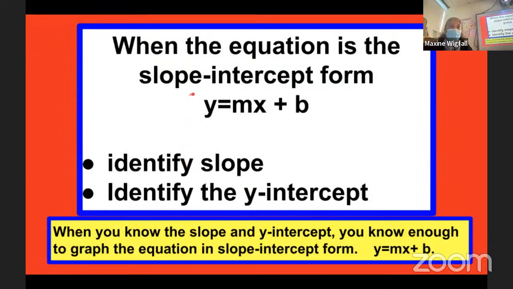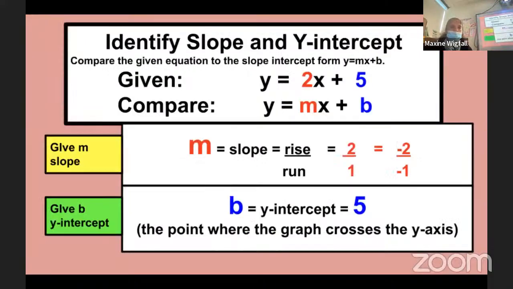Now, in this form, all you have to do is identify the slope and the y-intercept. When you know the slope and the y-intercept of an equation, you know enough to graph it using the slope-intercept form. Right here, I gave you an equation.